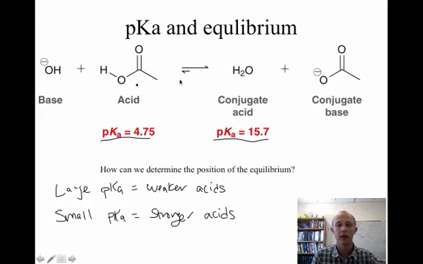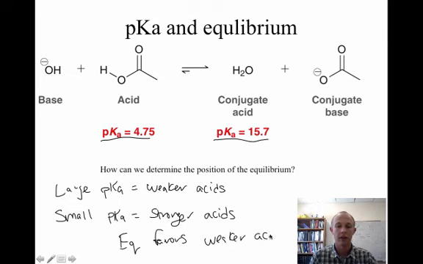If I give you 2 pKa's, notice that this is an equilibrium, right? We don't necessarily know off the top of our heads whether the product side or the reactant side is favored, but if we look at the pKa's, we can figure it out, because the equilibrium will always favor the weaker acid. So the side of the equilibrium that has the weaker acid is going to be the side that's favored.